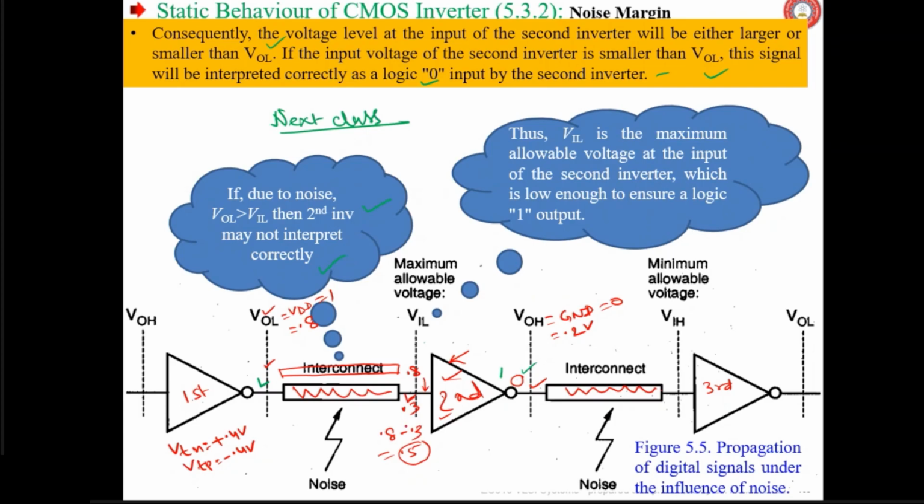So noise margin should be high, so that if noise occurs, then also the gates here, inverter, maybe other gates, can give the desired output, right? So the next topic in our second module is nothing but interconnect.